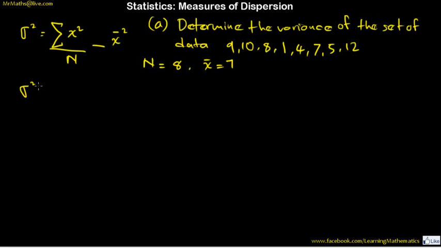So variance is equal to the summation of x squared, divided by n, minus the mean squared. I don't need to repeat that, right? So let's just continue.